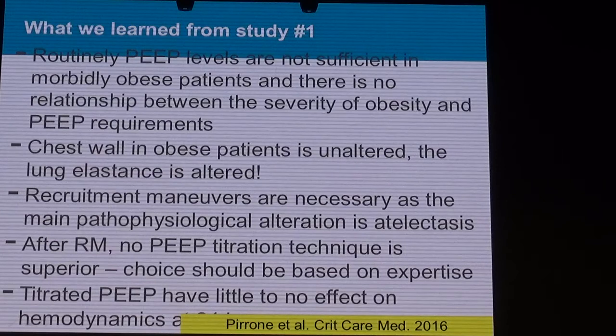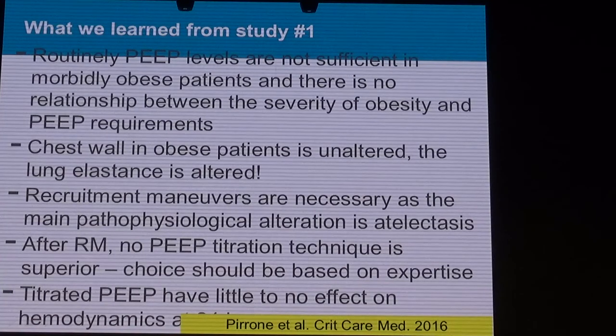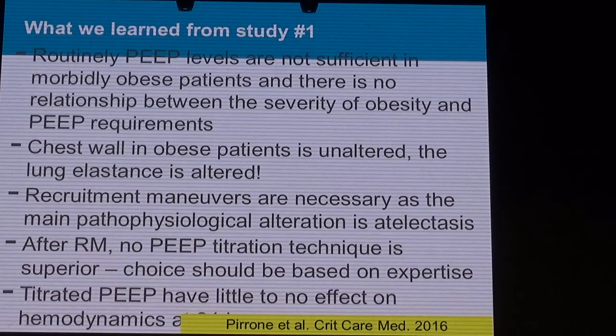But the important thing, as was said this morning, is to stick to the method that you know and you are practicing. We found the same level of PEEP as long as there was a recruitment maneuver associated with it.